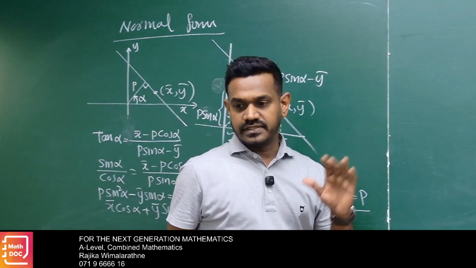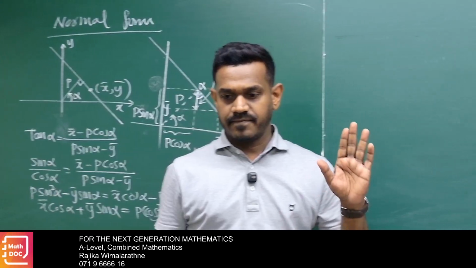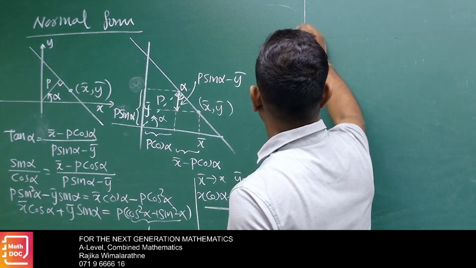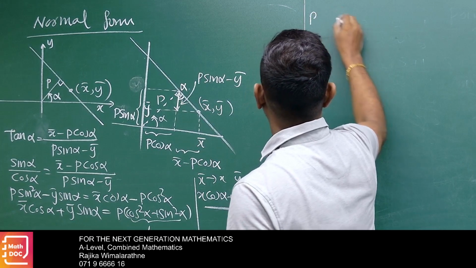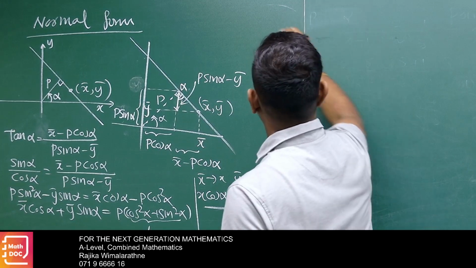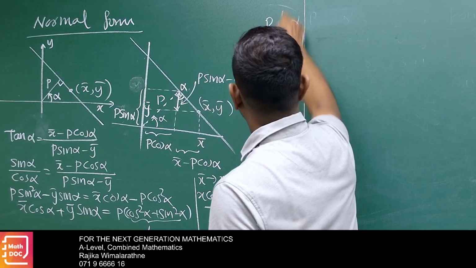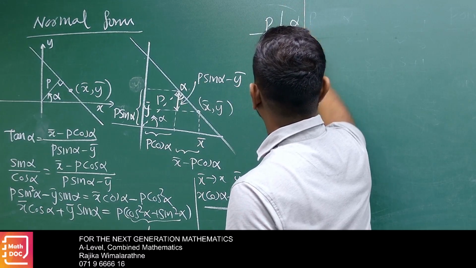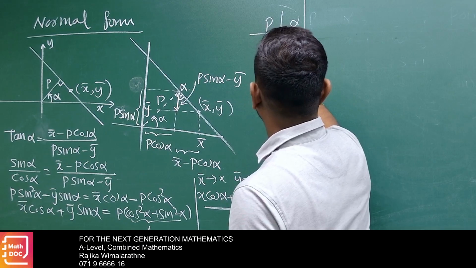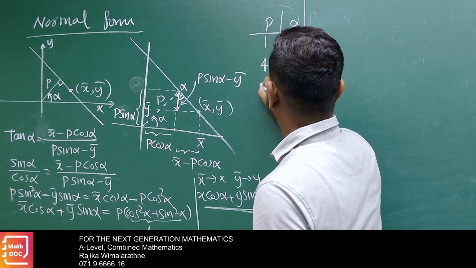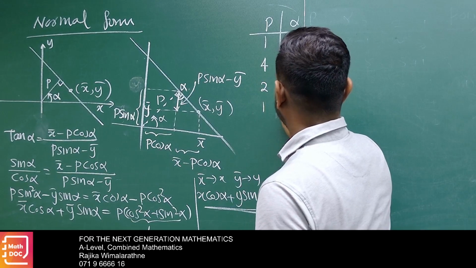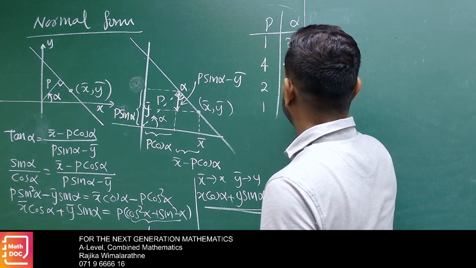See some examples. See here P and alpha: 1 and 30 degrees, 4 and 45 degrees, 2 and 60 degrees, 1 and 135 degrees.